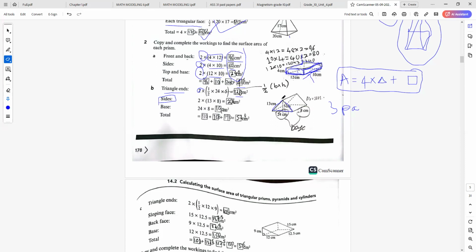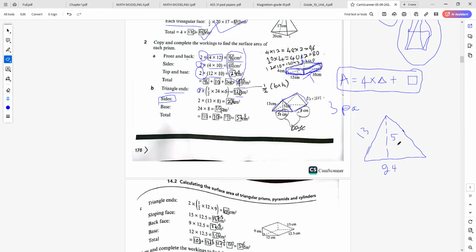Now we have this side. We have to find out the area of this side. Now this is the problem. If you separately consider the triangular face, this is 5, this is 5, and this is 24, this is 24, and this is 13, this is 13, right?